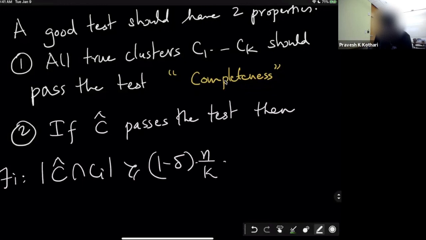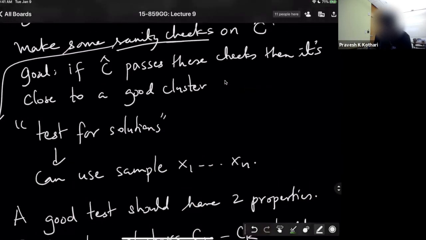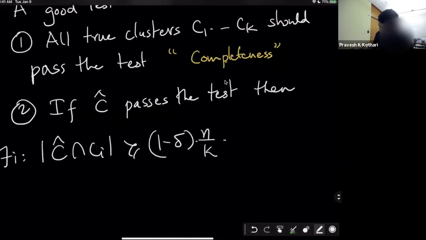Given that we know the clusters were of size exactly n over k, we of course always force C hat to be of size n over k. That's without loss of generality because we know the true clusters are of that size. This second property also has a name. We'll call it soundness of the test.